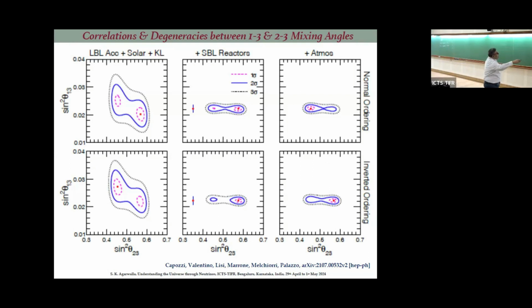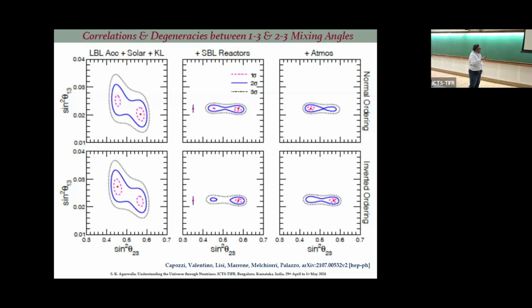In the upper row, you have considered that neutrinos are normally ordered. You know what we mean by normally ordered? M1, M2, M3. In the lower row, they have assumed that neutrinos are ordered in an inverted manner: M1, M2, and then M3 is below. In these two assumptions, they are fitting the data.